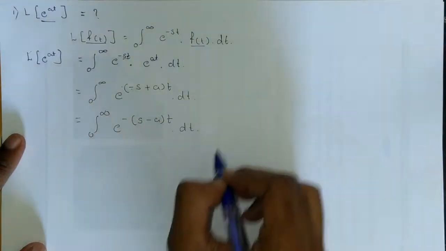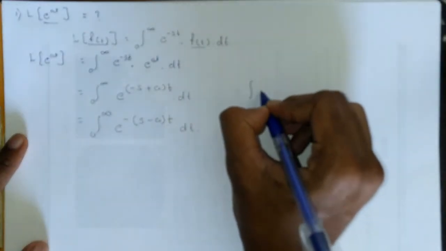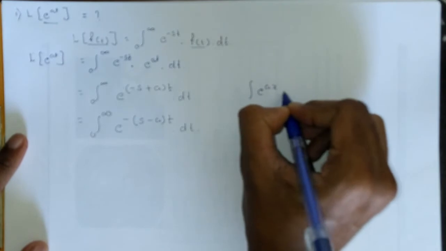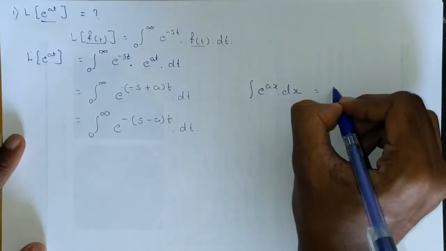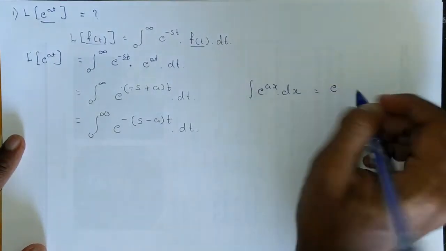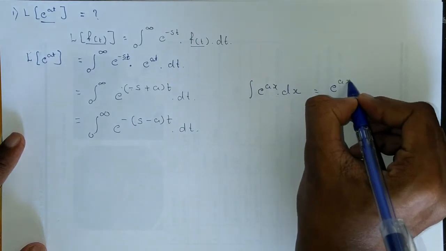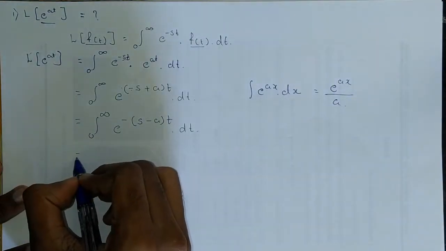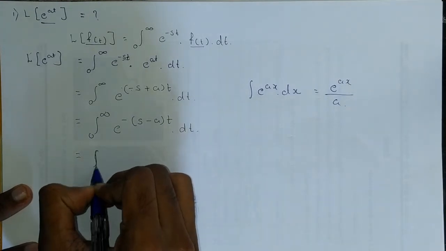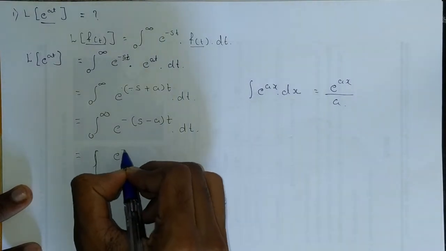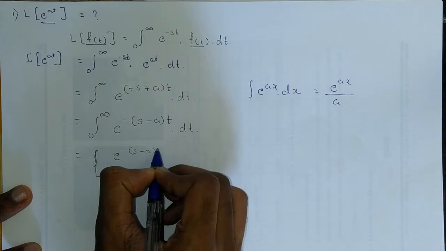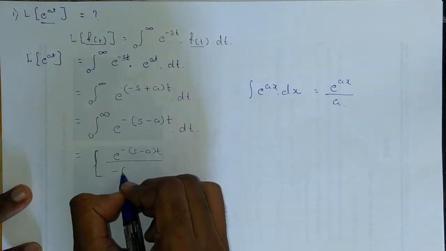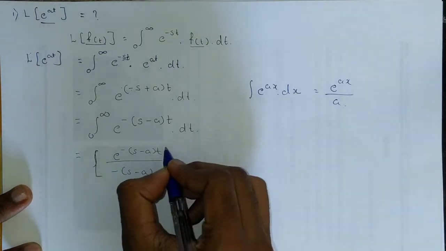So it is simple, our integration e raised to ax dx. What is the integration of e raised to ax? e raised to ax upon a. So we will apply the same here. e raised to minus s minus a t upon minus s minus a.